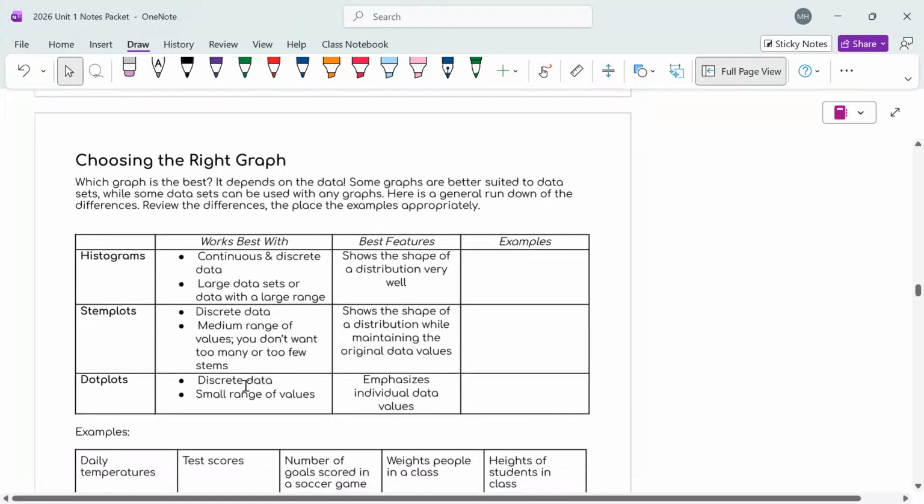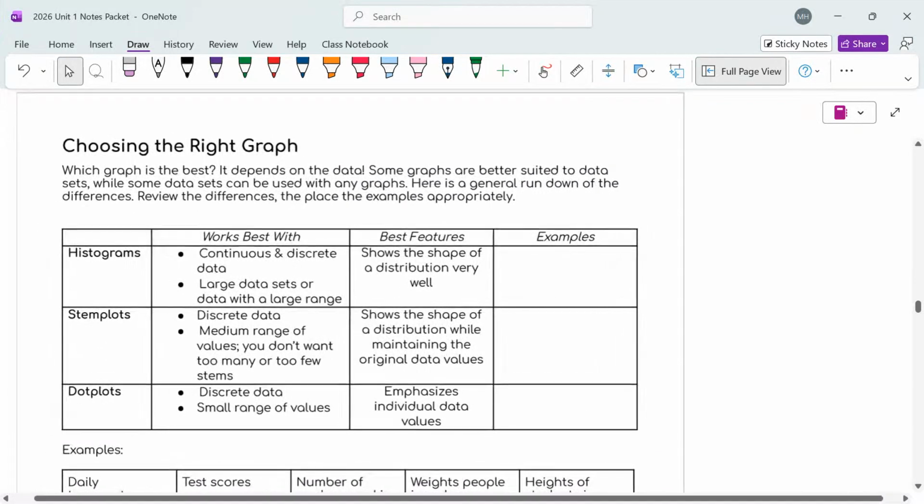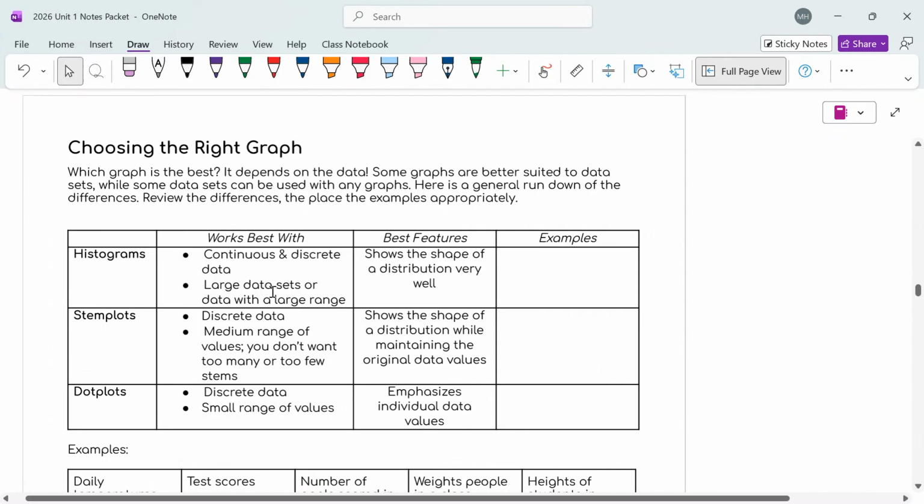All right, here's a chart we can use on when to use which graph. So sometimes you're going to have to make a choice. Should you use a histogram, a stem plot, or a dot plot? Well, all 3 of these are really, really good for quantitative data. It's just sometimes it's more practical to use a dot plot.